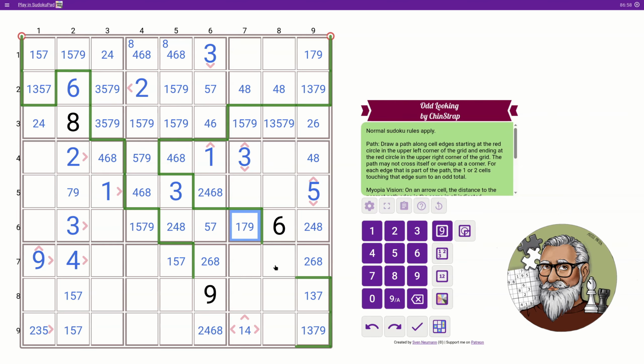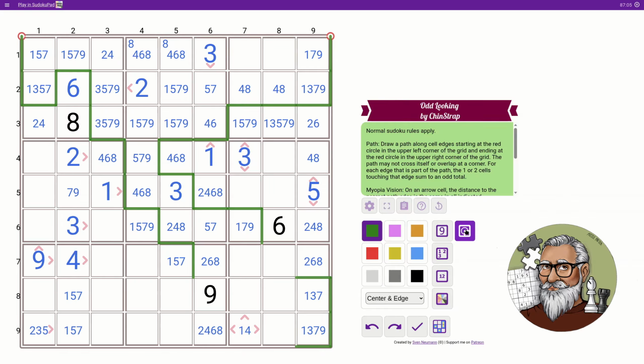Oh, hold on. So if this is 4, and we have that, this would have to continue. That works though. This would be odd. This would be even.